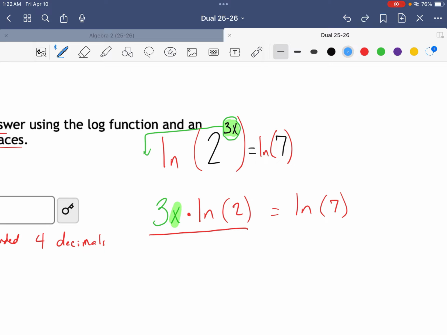This 3, it's 3 times x, right? How do you get rid of times? Divide. So I'm going to divide by 3. So then this is going to cancel. Good. And I'm also going to get rid of the ln2. And that's being multiplied. X times ln2. Well, I don't want the times ln2, so I'm going to divide by the ln2. And then this cancels. So only x is left over. So I'm dividing by 3 and the ln2.